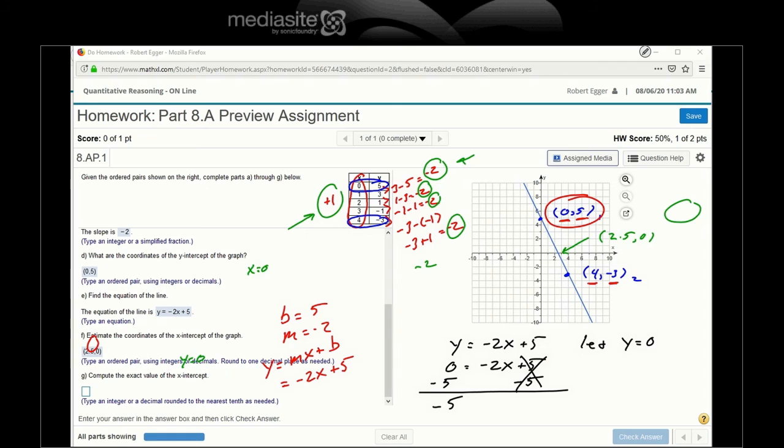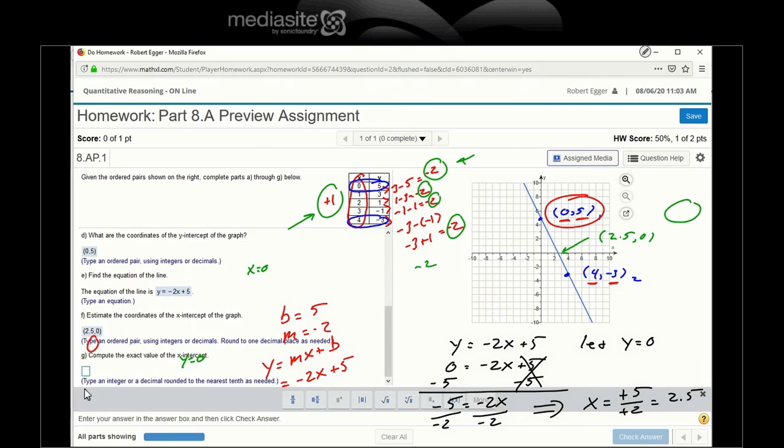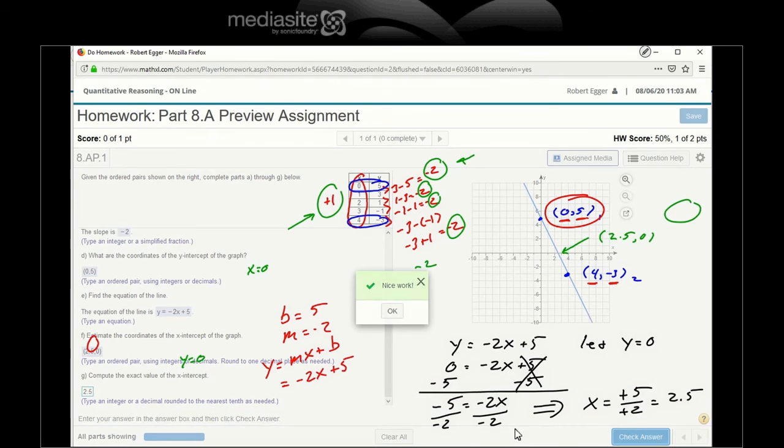So minus 5 equals minus 2x. Divide last. That gives us x equals minus 5 over minus 2. Signs cancel for 2.5. Correct.